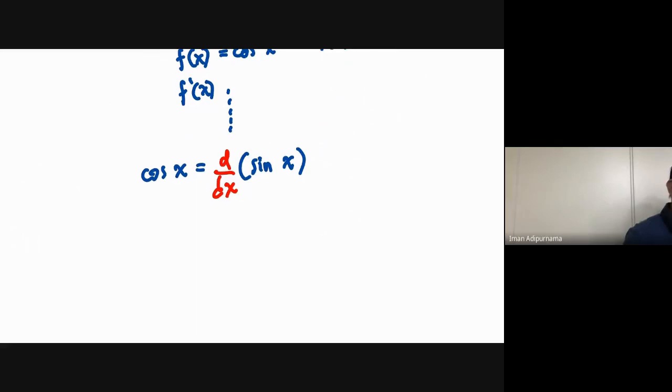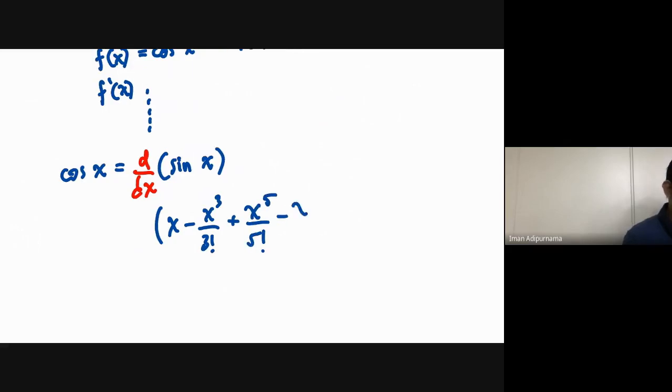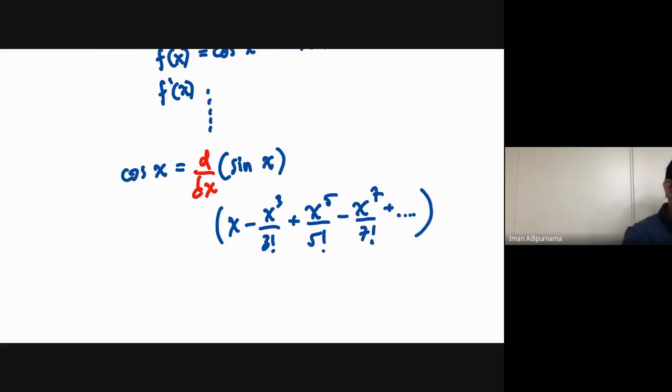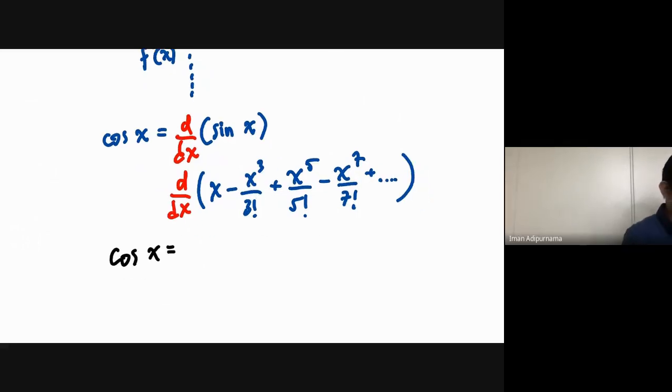Now, sine x, we already discussed previously. So it will be x and then x cubed and then x^5. Let me write maybe until x^7. And we need to differentiate this to become cosine. So cosine x will be the derivative of x is 1, and then 3x^2 over 3 factorial, plus 5x^4 over 5 factorial.